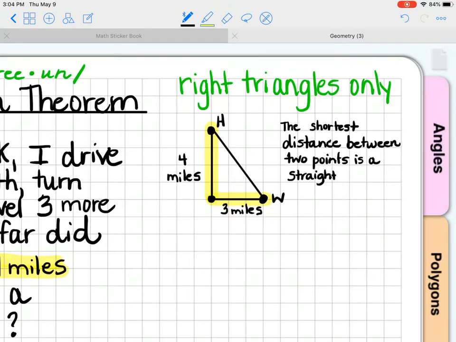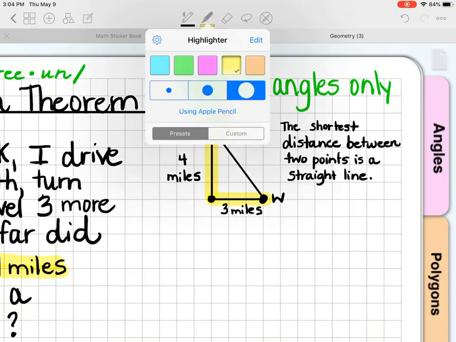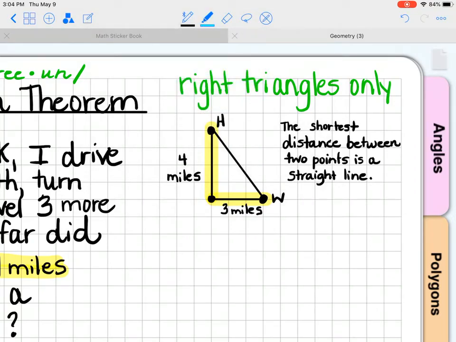And there's a name for this straight line that I'm going to highlight in blue. You need to know this name. It's a big fancy word. It's called the hypotenuse. Hypotenuse. And the hypotenuse in a right triangle is always across from the right angle.